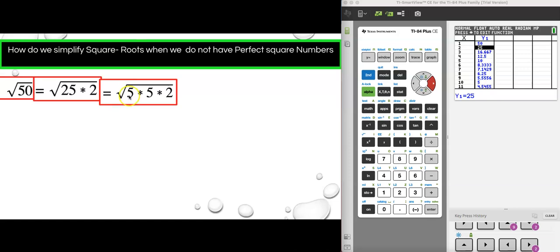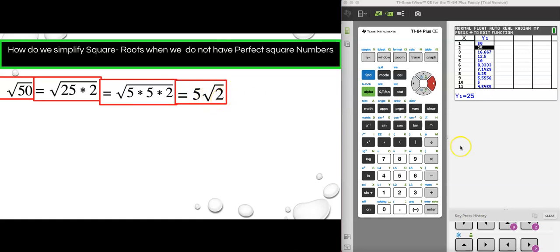Because I have two 5s here, I can pull one of them out. The square root of 25 is just 5, so that comes outside of the radical. The 2 is not a perfect square, so it has to stay underneath the radical. So I'm left with 5 times the square root of 2.